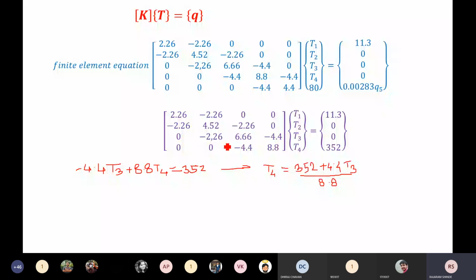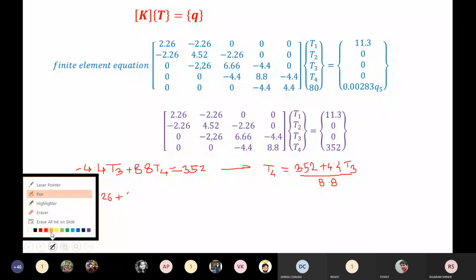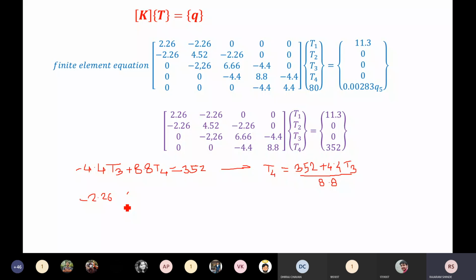Minus 2.26 T2 plus 6.6 T3 minus 4.4 T4 is equal to 0. Okay.